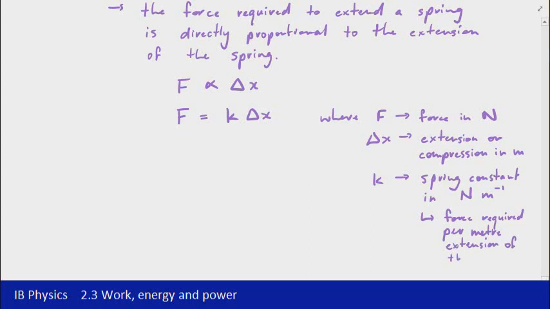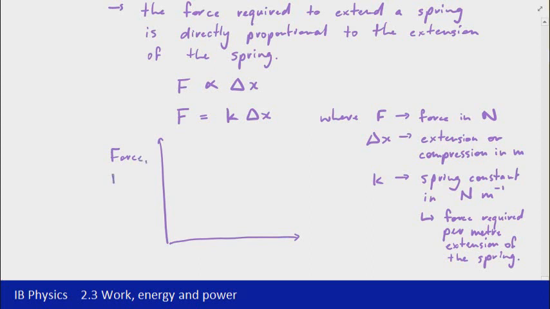And that then leads us to a graph that we can have a look at to do with Hooke's law. And the graph that we would have a look at there is a force versus extension graph. So F on the vertical axis, let me just label this appropriately.